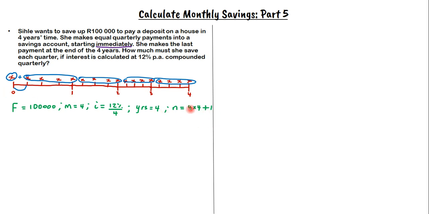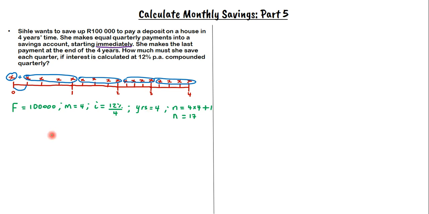You can write it this way, or you can simply write it as 17, because like I said in the previous video, you don't always get the value of n by simply multiplying the number of years with the compounding periods. You always need to think in your mind, how many payments did Sihle make, or how many deposits were actually made there. That is what we're focusing on, and that's what n is all about.